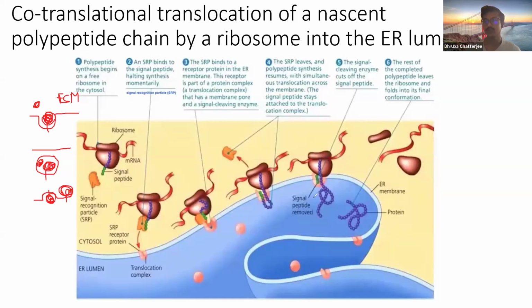So these proteins are transferred into the lumen of the endoplasmic reticulum. Whereas if you have membrane proteins, membrane-anchored proteins or transmembrane proteins, then they have additional amino acid sequences other than the signal sequence, which allow their incorporation into the membrane at the level of the ER in a particular orientation, right? Okay.